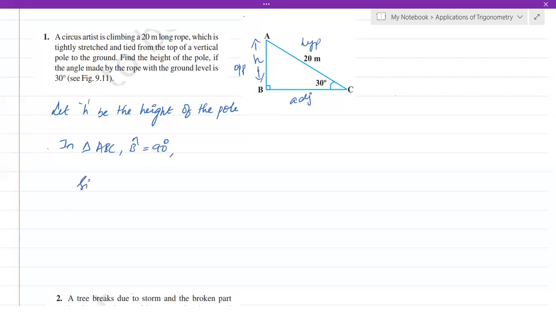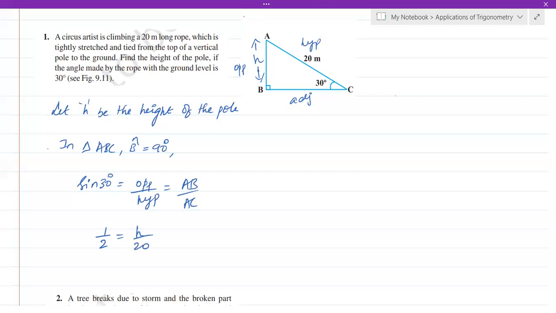Now I'll be using sine theta. Here theta is 30 degree. So sine 30 is opposite to 30, that is AB. Basically, what is sine theta? Opposite by hypotenuse. AB is the opposite side, AC is the hypotenuse. We know that sine 30 degree is 1 by 2, and AB value is h, the height of the pole, and AC value is 20.